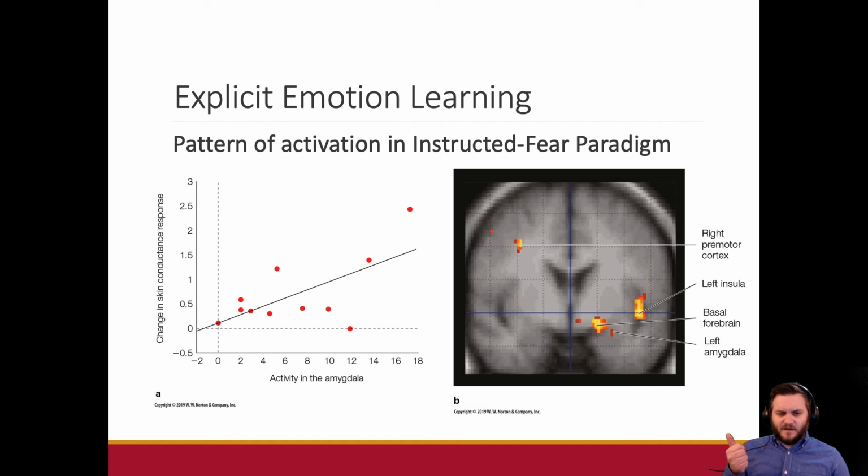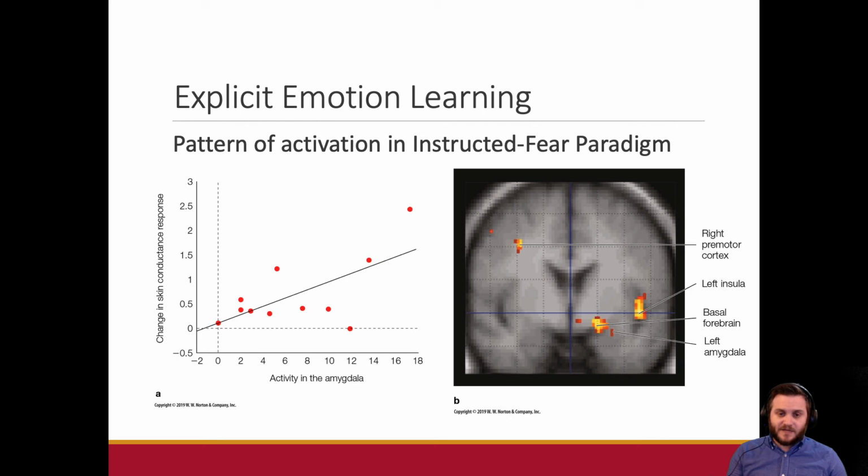Now this is the data from the instructed fear paradigm that I told you about in the previous slide before we watched the video. You can see here this is activity in the amygdala. Bigger numbers mean greater activity. And on the y-axis is skin conductance response. Higher numbers here mean more sweat, which means more conductance, right?